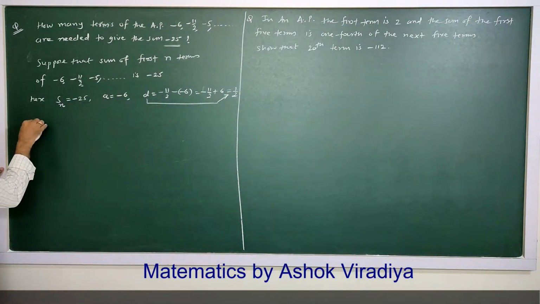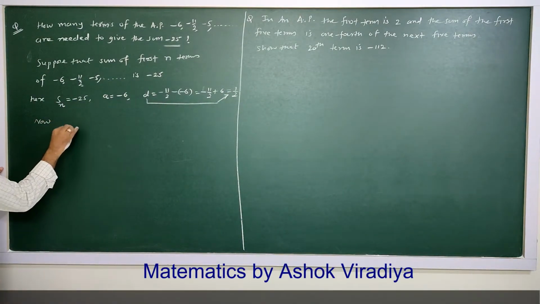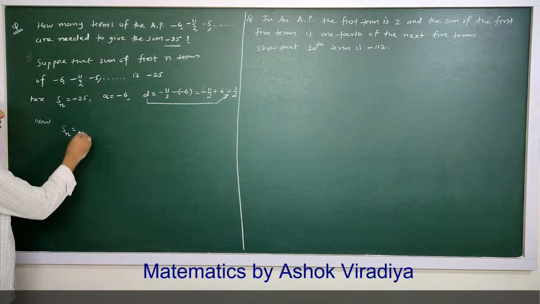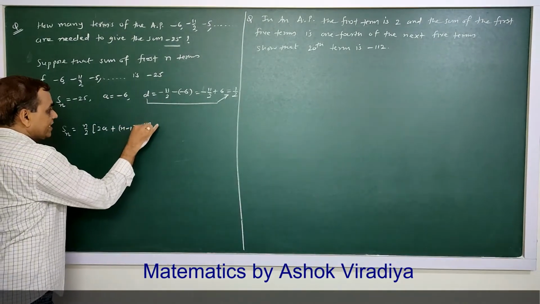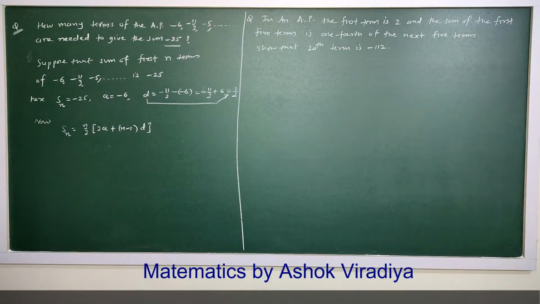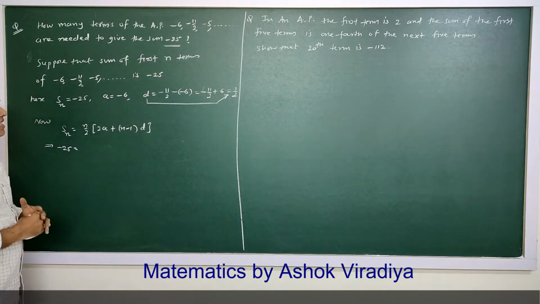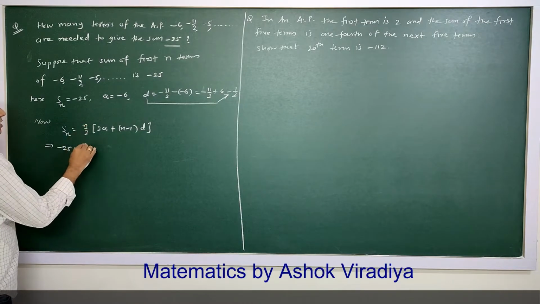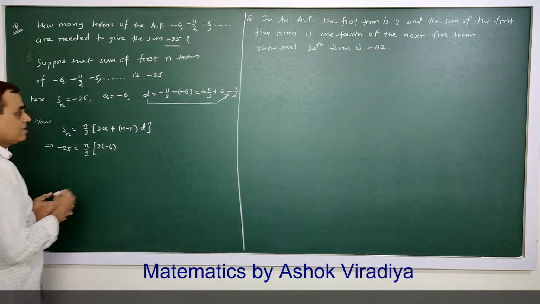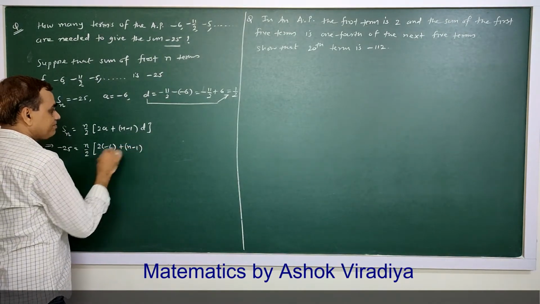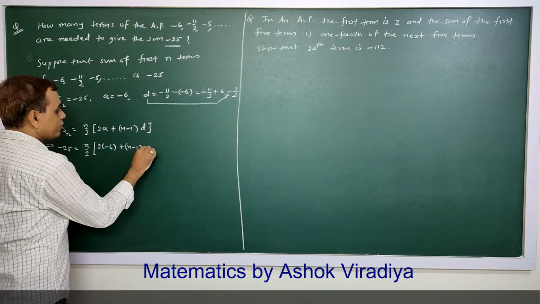Now using the formula, Sn is n by 2, 2a plus n minus 1 into d. Putting values in this formula, Sn is -25, the sum of the first n terms already given. N is what we want to find, n by 2 into 2 into a, -6, plus n minus 1, d is 1 by 2.